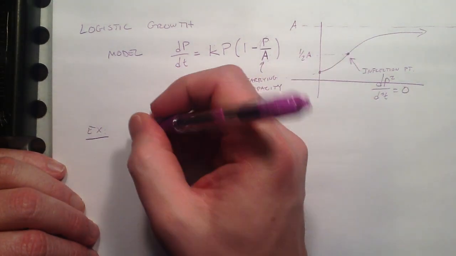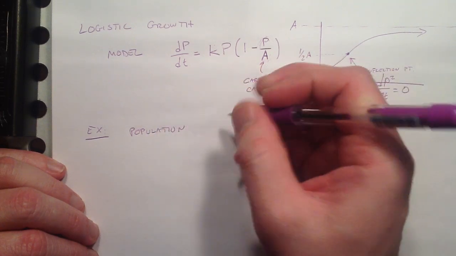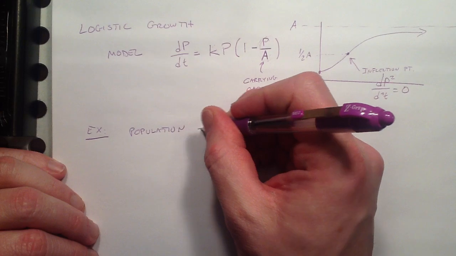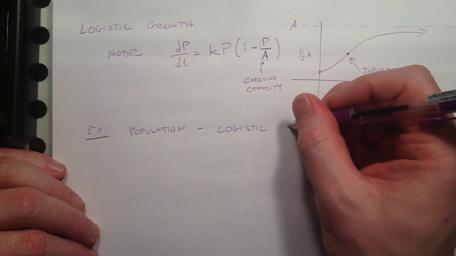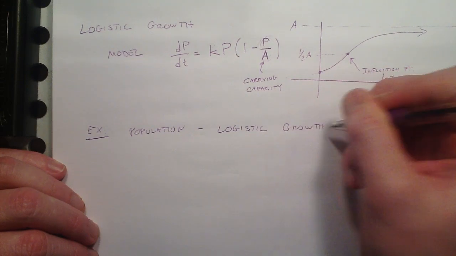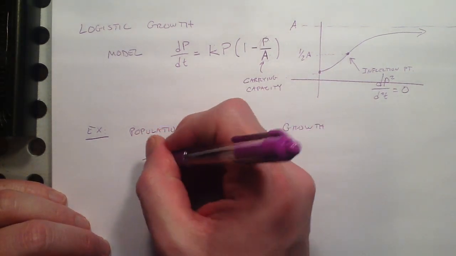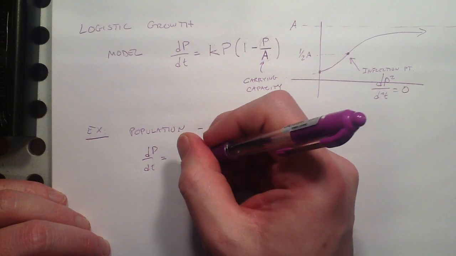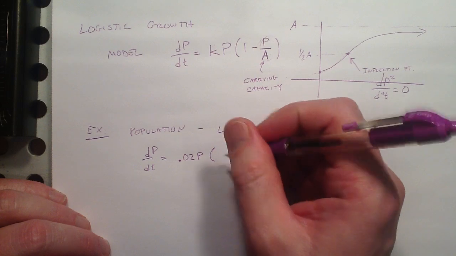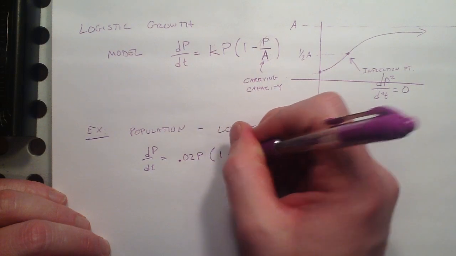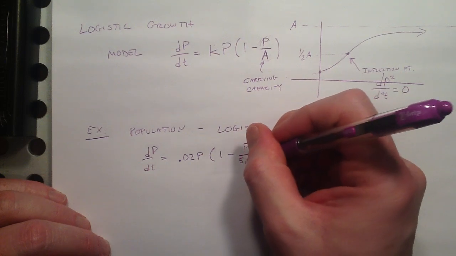Let's say we have a population that is modeled with a logistic growth model, and it's modeled by this equation: dP/dt is equal to 0.02P times (1 minus P over 5,000).